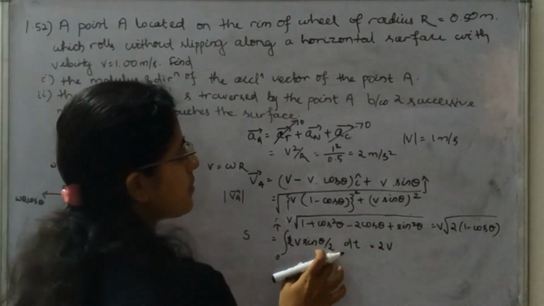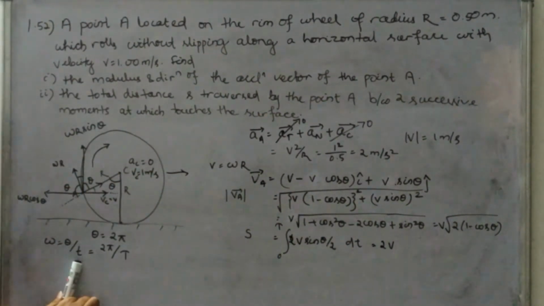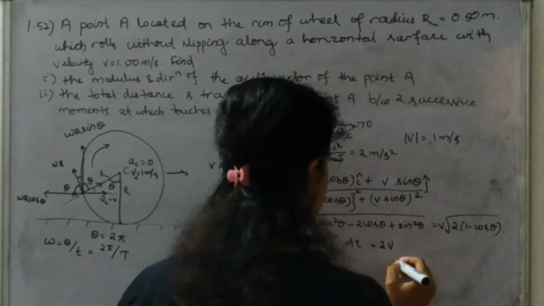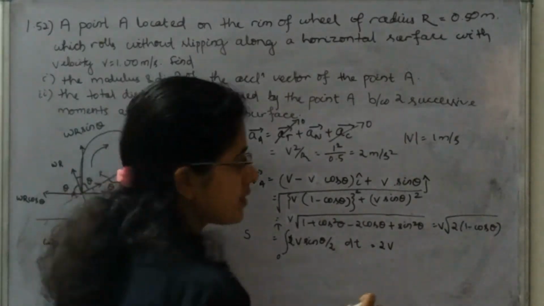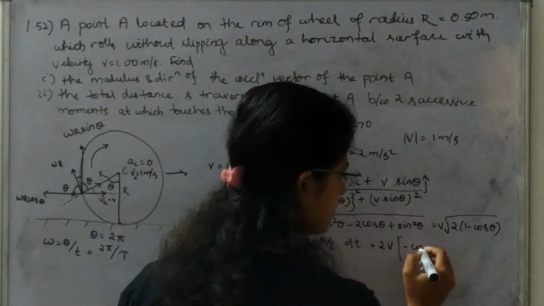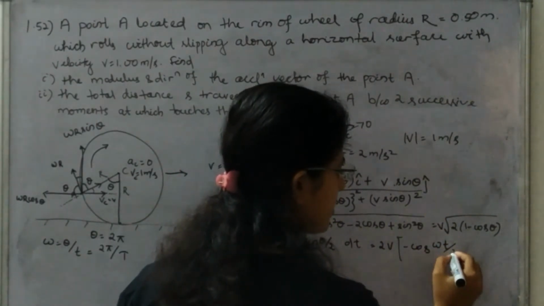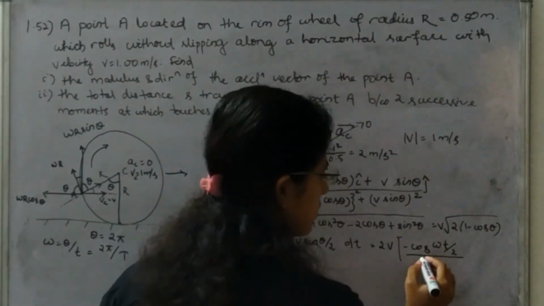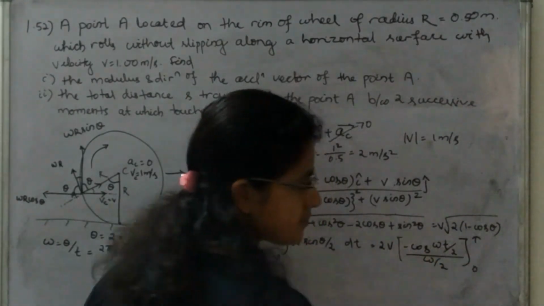Integration of sin theta by 2 into dt. Theta means how much here? Omega into t. So put this here. Integration of sin(omega t divided by 2) into dt. So integration is how much? Minus cos(omega t divided by 2) divided by (omega divided by 2), from 0 to T.